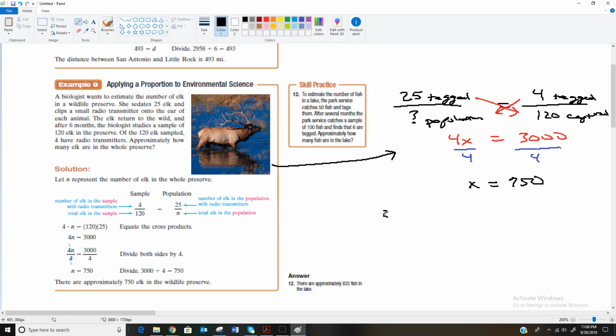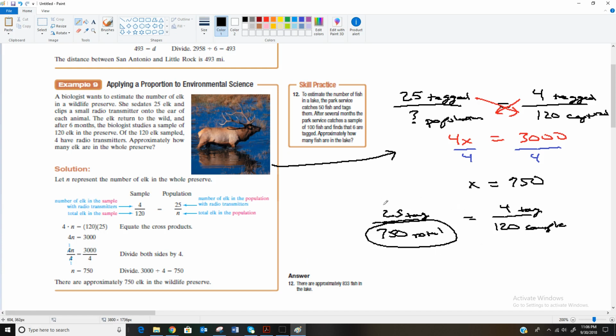So in other words, when she tagged 25, she tagged 25 out of 750 total in the entire population, because that's proportional to the 4 that she found tagged out of her 120 sample that was redistributed, let the animals wander around. So it looks like the total amount of elk in the area is about 750.